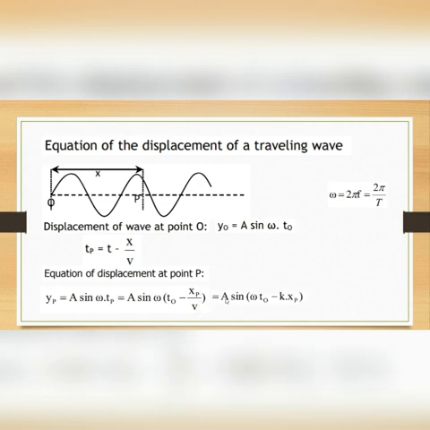So it will be equal to a times the sine of omega t0 minus kxp. This k is called the wave number in the unit of meter to the power of minus 1, and k is equal to 2 pi over lambda, or it is equal to omega over v.